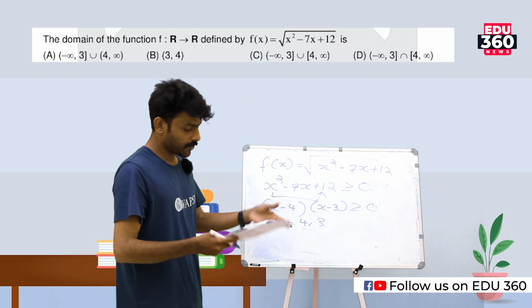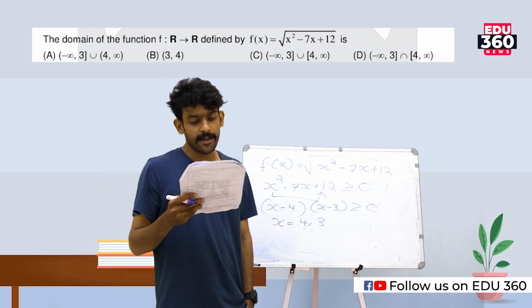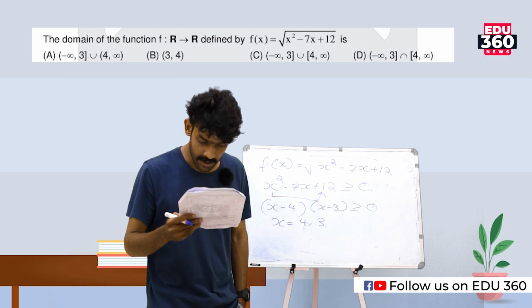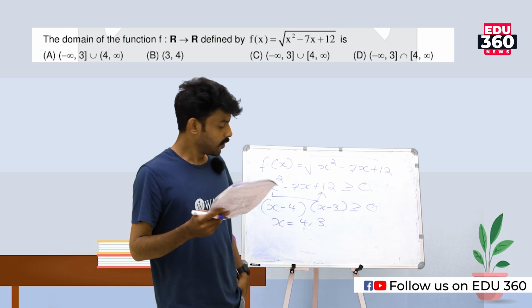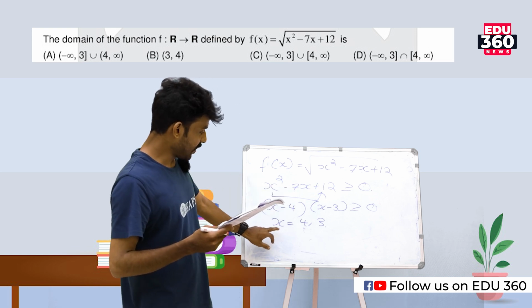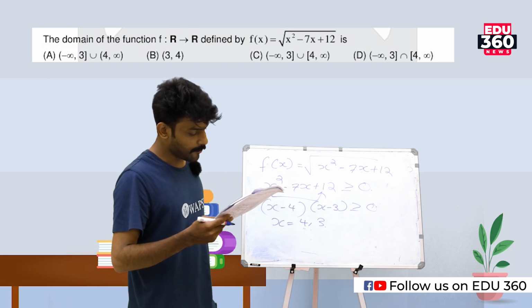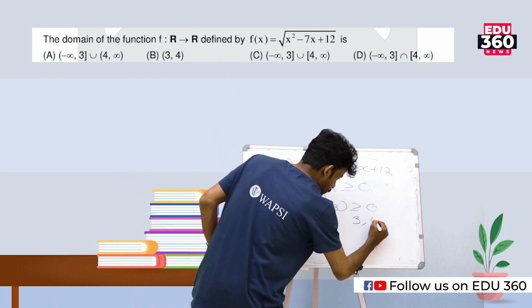So in the given question, they are asking us to find the domain of the function f such that R to R defined by f of x. So there are 4 options. So we need to find which interval it belongs to. So you can see x is equal to 4, 3. 3 is the smaller one and 4 is the bigger one.